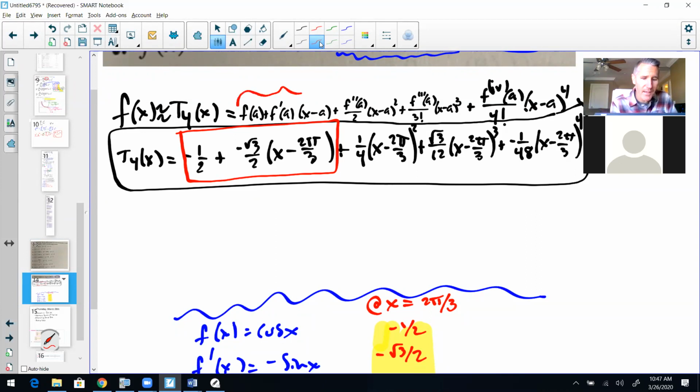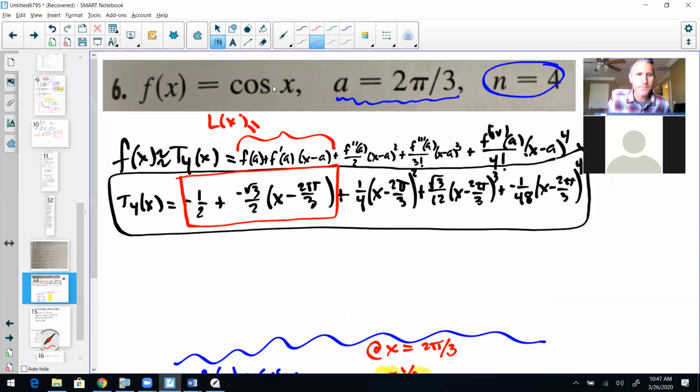This is what I said was L of x back when we learned linear approximations. But now we're saying forget linear, let's get a polynomial of whatever degree we want. This happens to be a polynomial up to degree 4. So this is the best polynomial to fit the function cosine of x centered at 2 pi over 3.